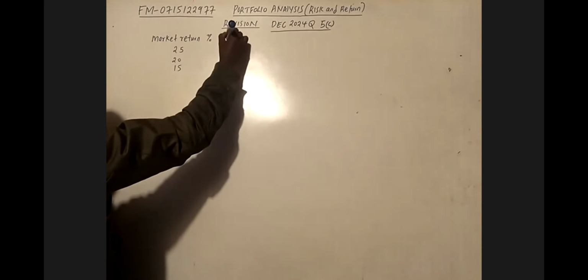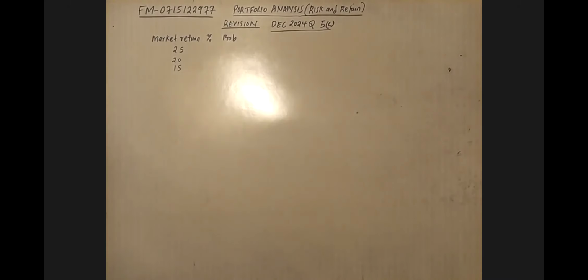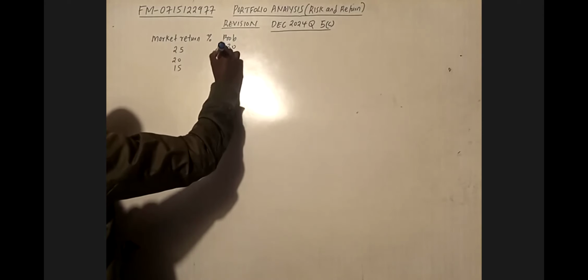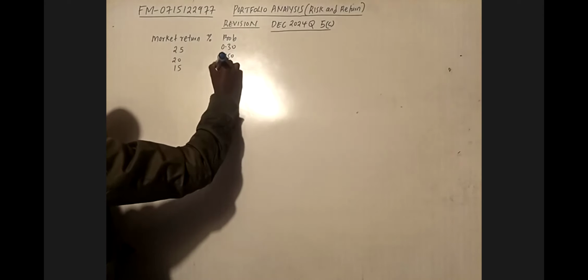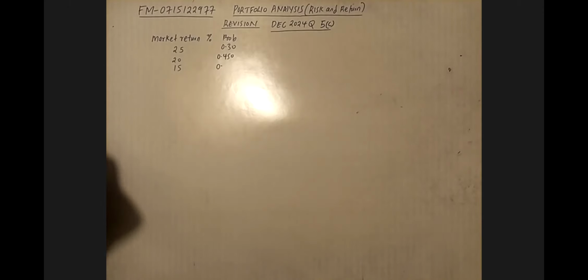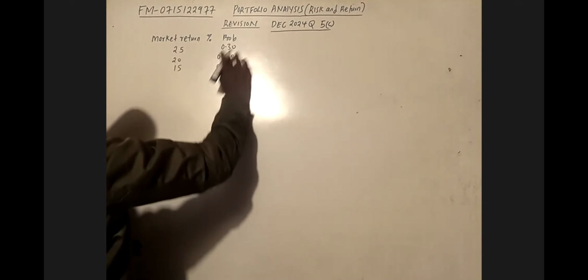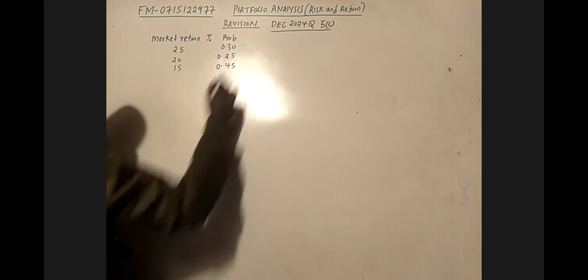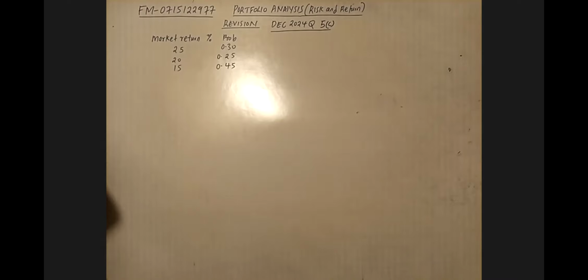Then we have the probability. The probability is 0.3, 0.25 and 0.45. So let us have the first one, expected return of the market.